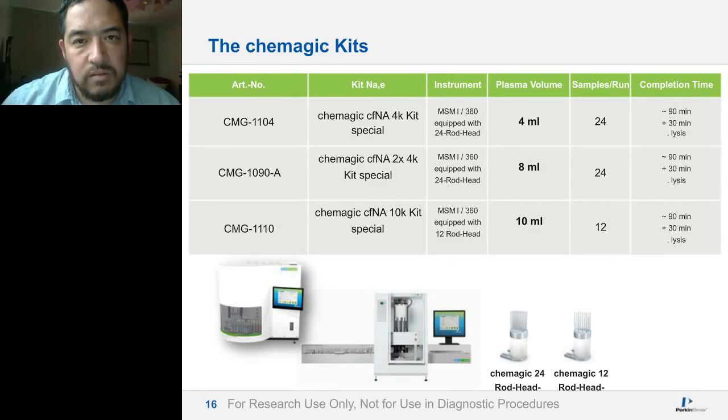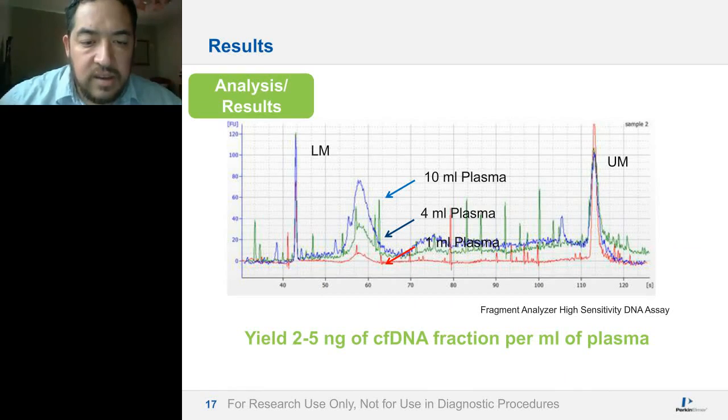So it results in a high throughput, 96 samples at a time, 1 mL isolation, especially popular for a lot of ctDNA work, particularly if people are doing a lot of endpoint targeted PCR, such as epidermal growth factor receptor tests. So again, this gives you the idea of the scalability, and essentially we get 2 to 5 nanograms of cfDNA fraction per mL of plasma.